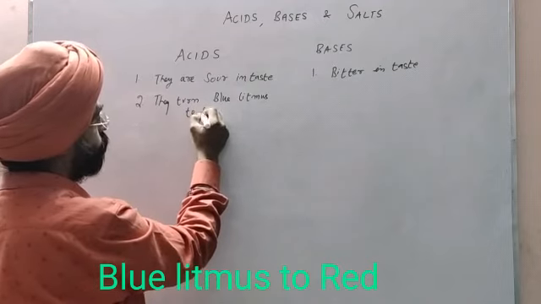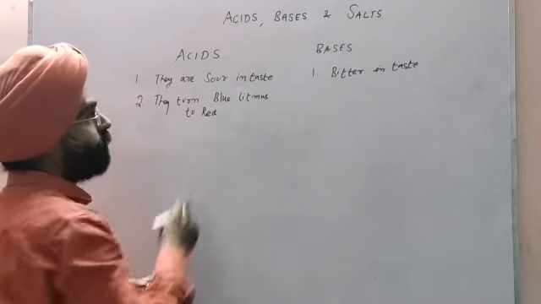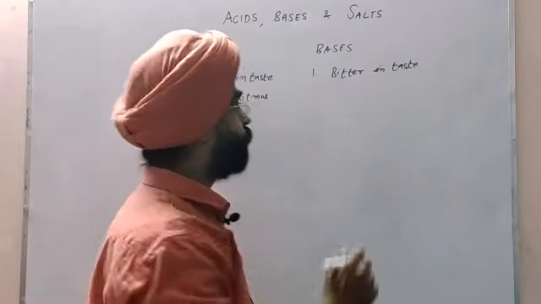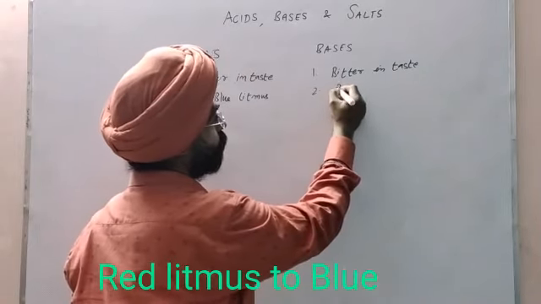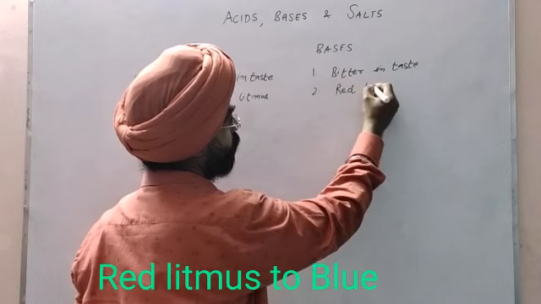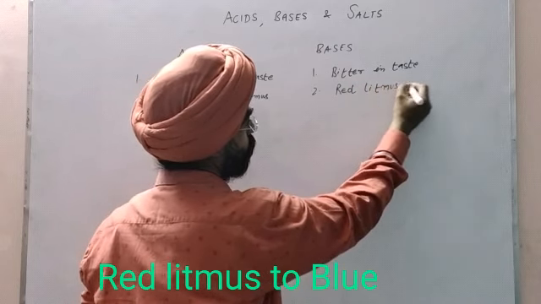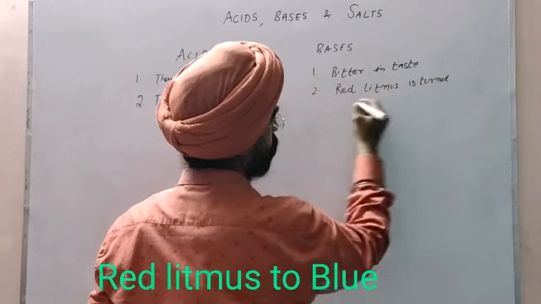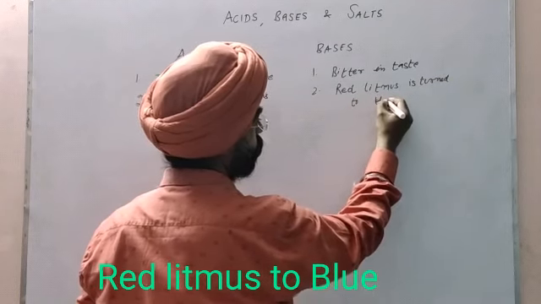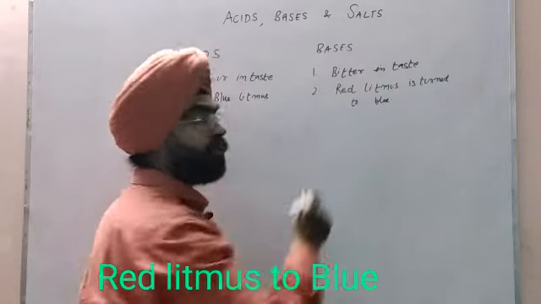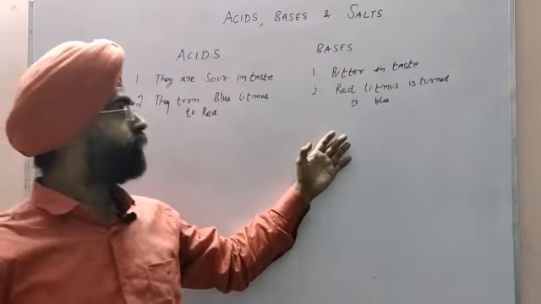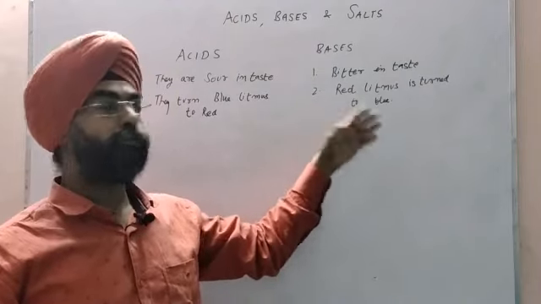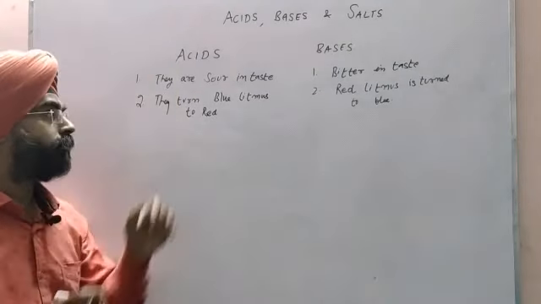And whereas the bases turn red litmus paper into blue. The color of the litmus paper will change whenever the bases are reacted with litmus paper: red litmus into blue and blue litmus into red.